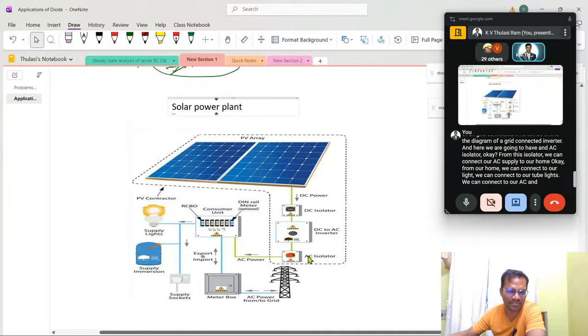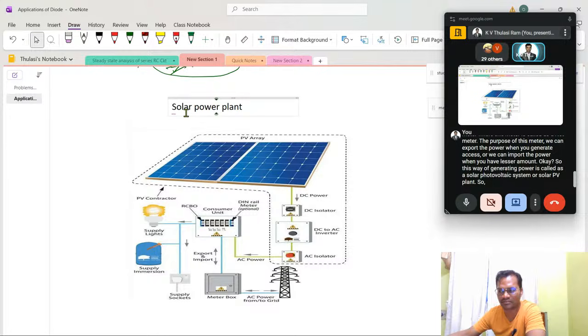From the same output we connect to a meter called a net meter. Its purpose is that we can export power when we generate excess, or import power when we have less. This way of generating power is called a solar photovoltaic system or solar PV plant.